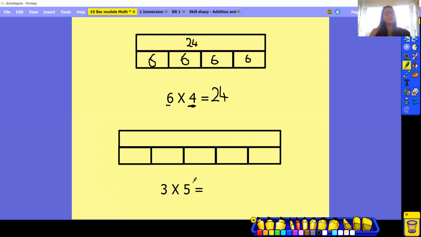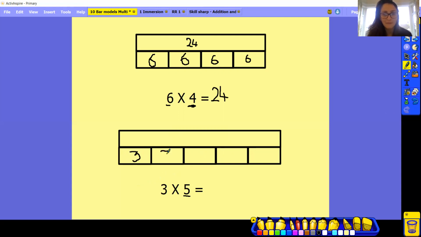Okay, let's have a look at this bottom box here. You've got 5 boxes, and let's see what those 5 boxes are worth. What do you think the value of one of these boxes will be? Well done if you said that one of those boxes is worth 3.